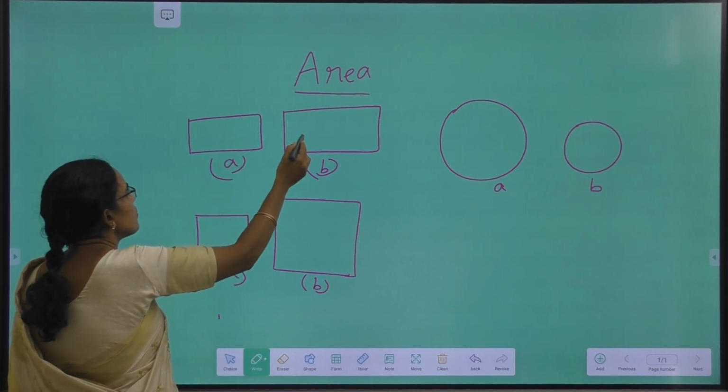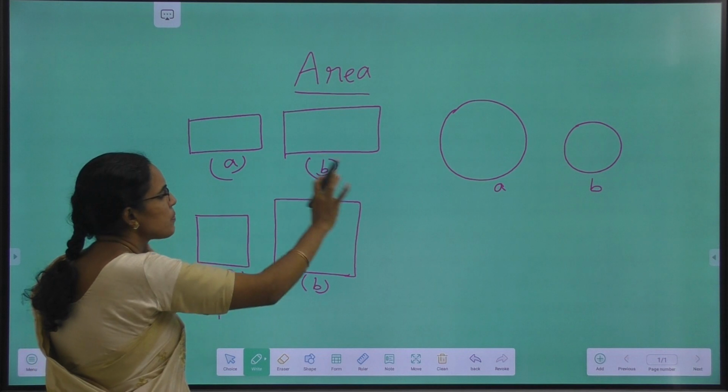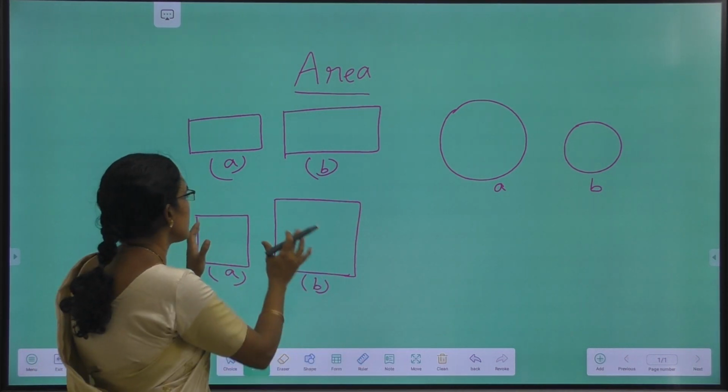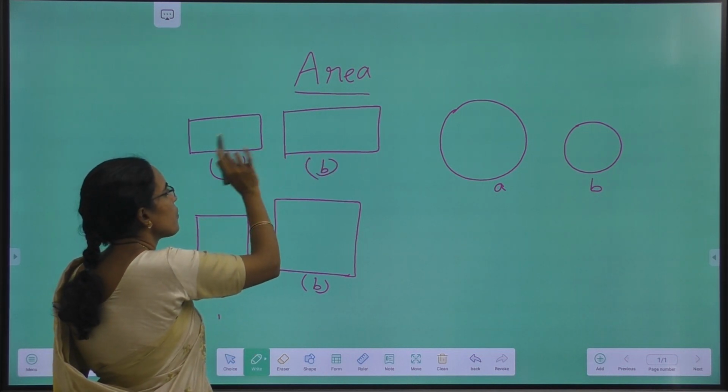Okay, A or B? All these pictures are occupying some region of a flat surface. Which one is occupying more space?